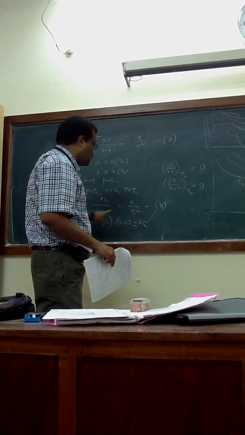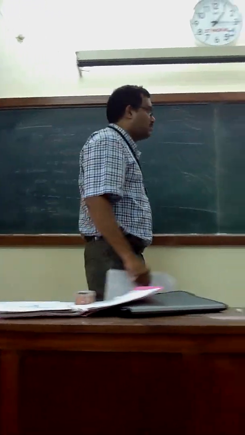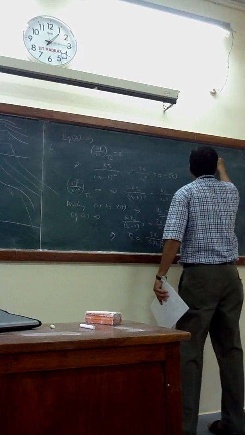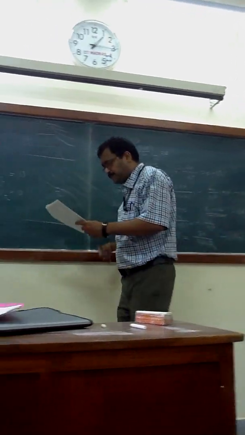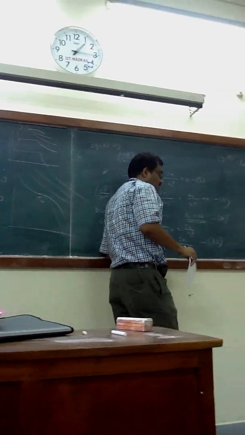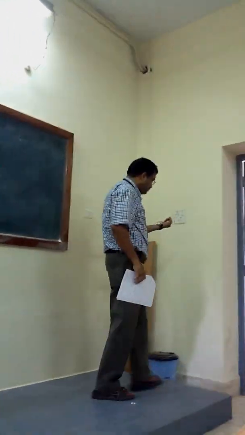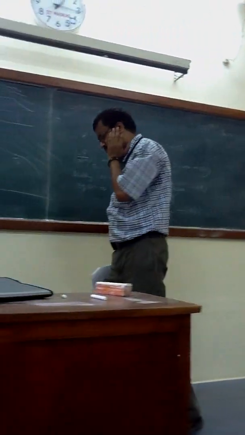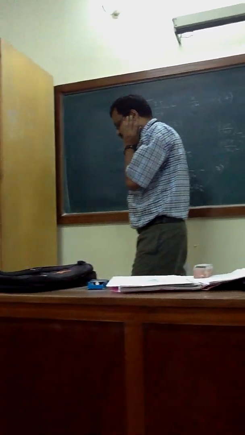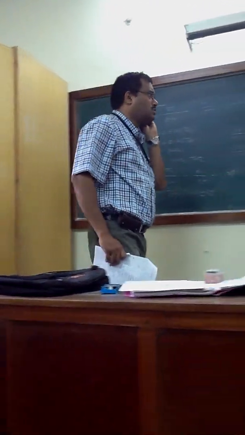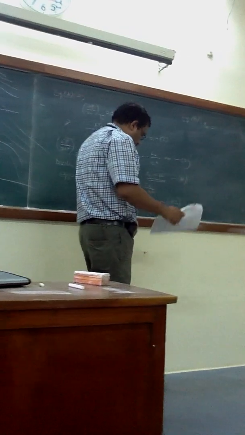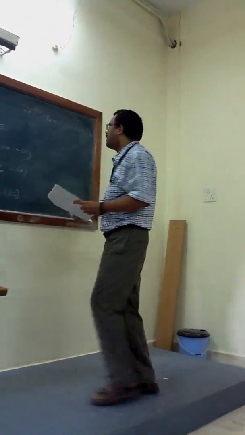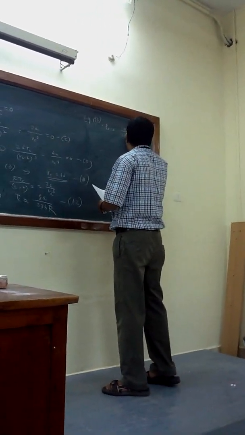TC is known, VC is known, so you can get PC from equation number B. So equation B will give you PC, which equals A by 27 B square.